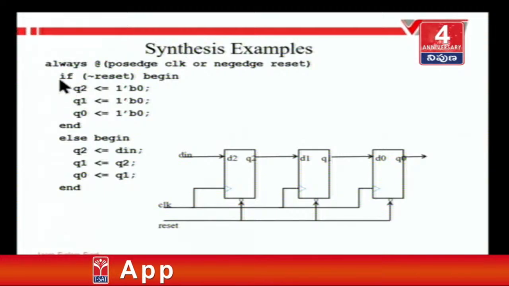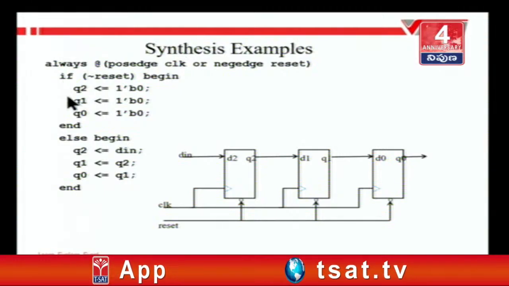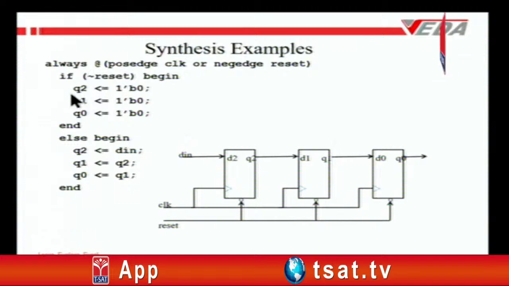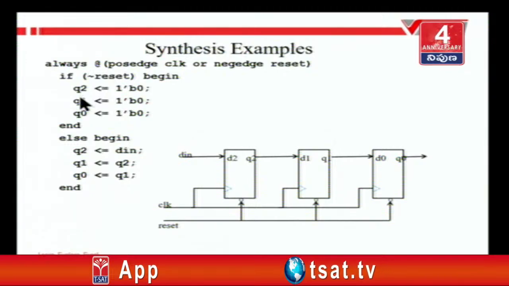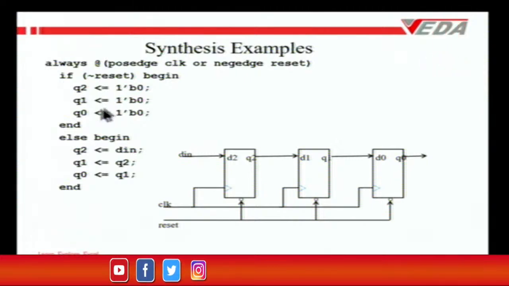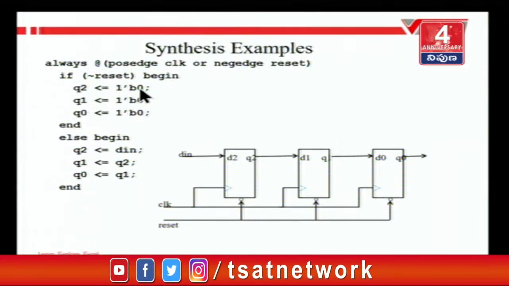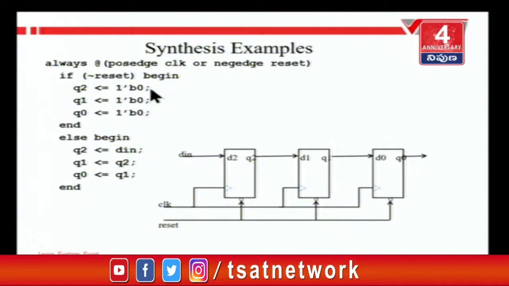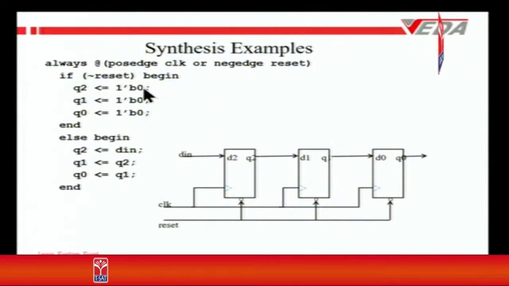That means on the left hand side I will have a concatenation operator with flower brackets. I will write Q2 comma Q1 comma Q0 and close the bracket equal to 3 tick B000, or I can write 3 tick B0 also.